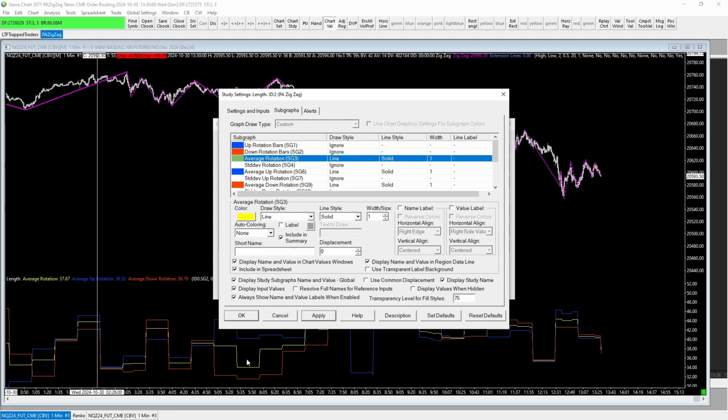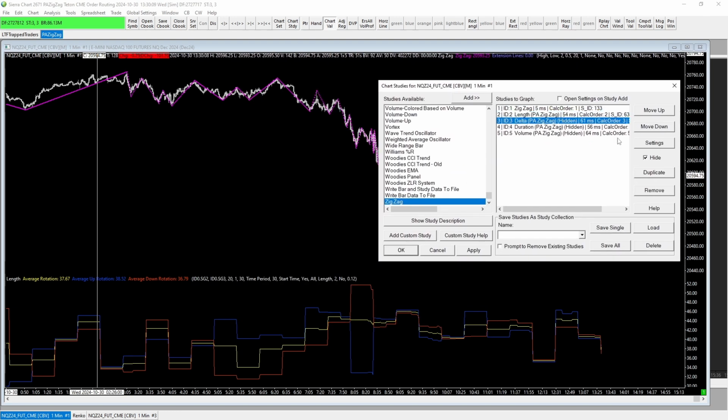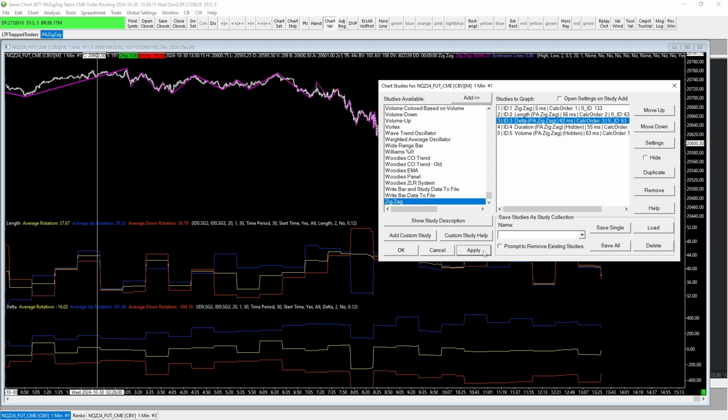The averages of the up rotations are blue, and the averages for the down rotations are red. And so that's what we have on length. Let me go ahead and unhide these. You can also look at delta, which is the delta on those legs. Here you can see, as expected, that the average rotation is hovering around 0, but up rotations tend to have positive delta and down rotations tend to have negative delta.